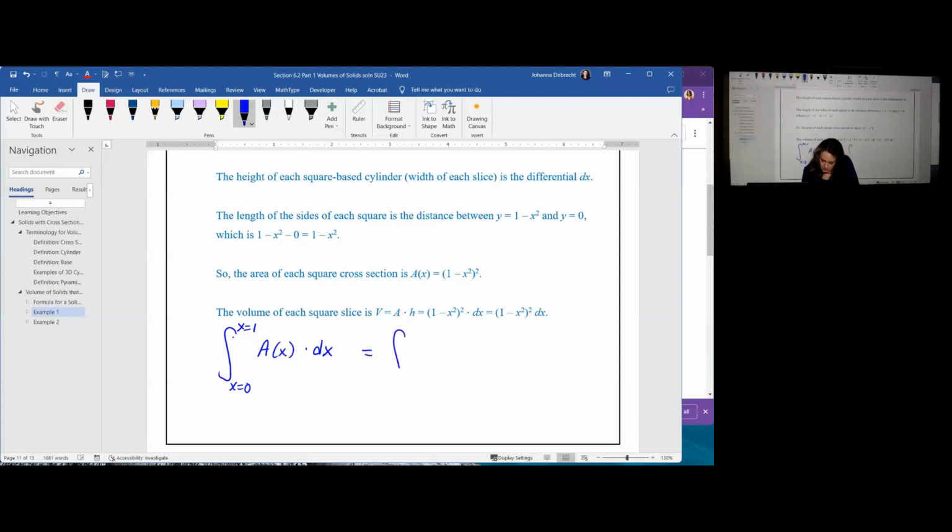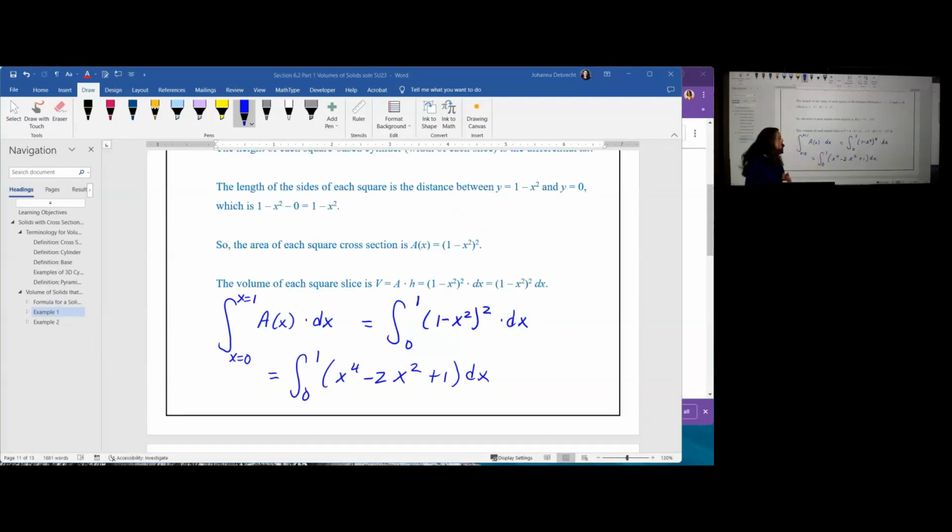This is going to give me the integral from 0 to 1 of (1 minus x squared) quantity squared, the area of each little square, times the differential dx. Now that we have it set up, the rest of it is straightforward integration. Go ahead and pause the video to work it out, then turn it back on to check your answer.